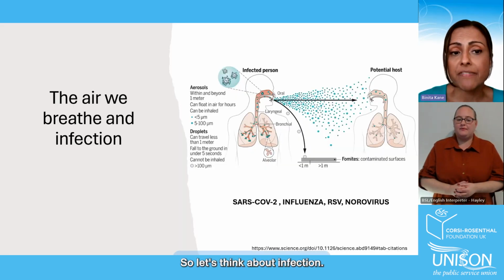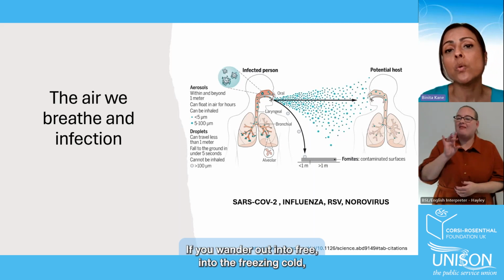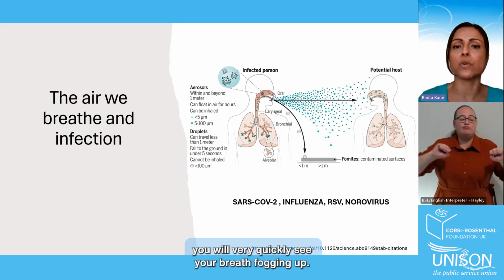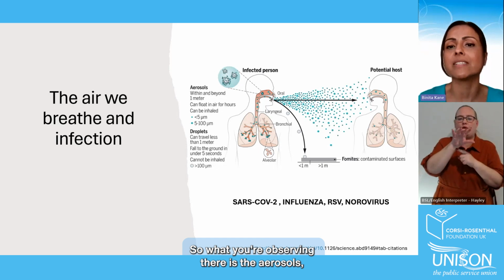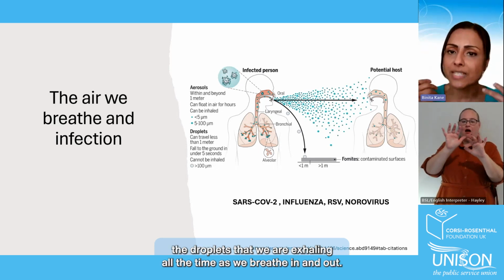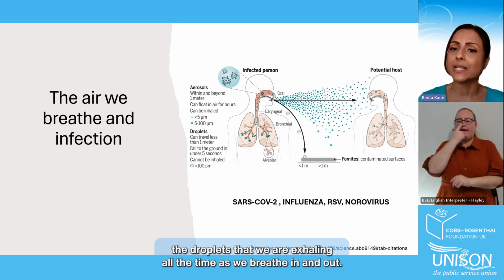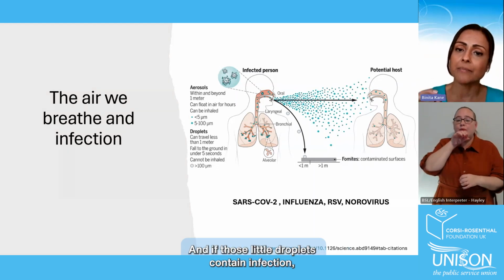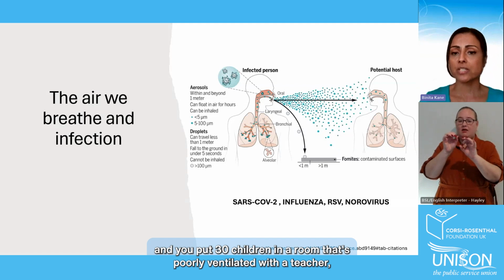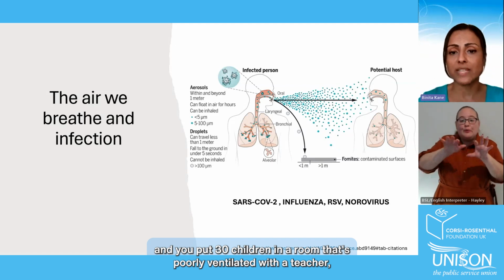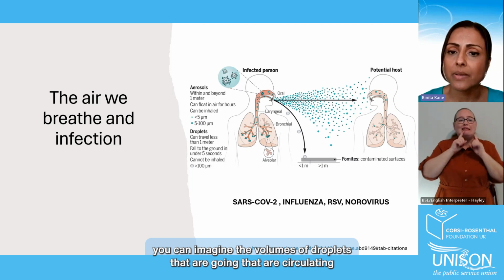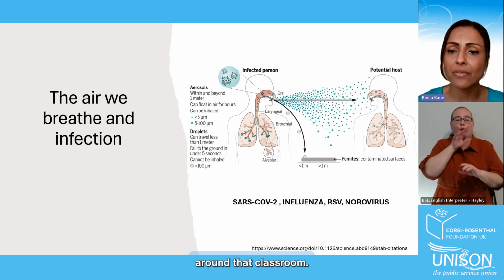So let's think about infection. If you wander out into the freezing cold, you will very quickly see your breath fogging up. What you're observing there is the aerosols, the droplets that we are exhaling all the time as we breathe in and out. And if those little droplets contain infection, and you put 30 children in a room that's poorly ventilated with a teacher, you can imagine the volumes of droplets that are circulating around that classroom.